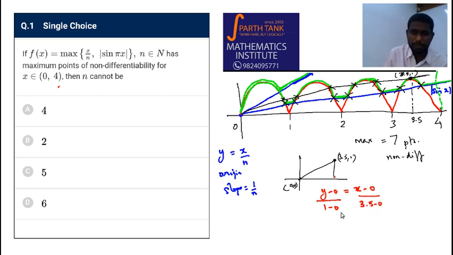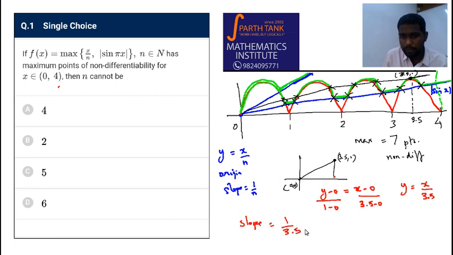That is, (x minus x1) by (x2 minus x1) is (y minus y1) by (y2 minus y1). This would give us y is x by 3.5. So the slope of this line is 1 by 3.5.